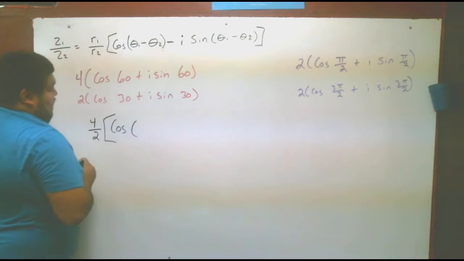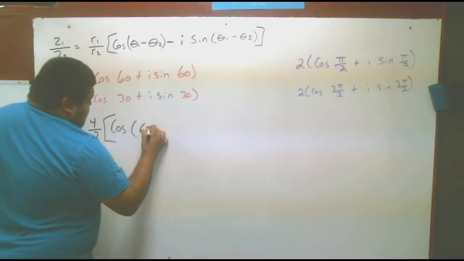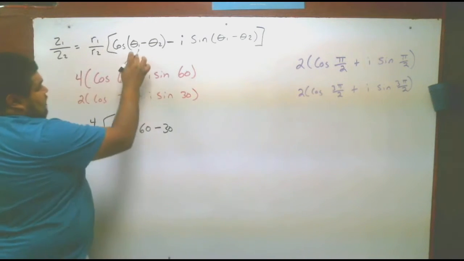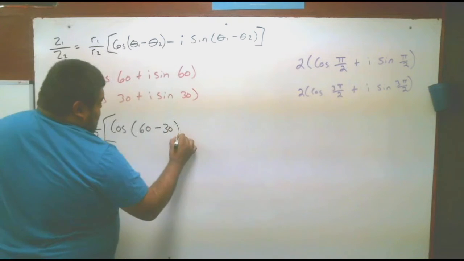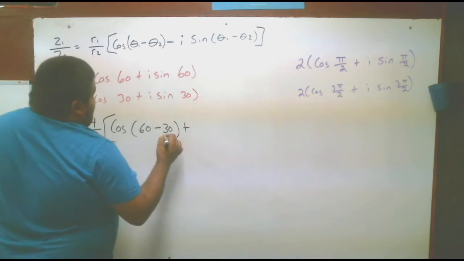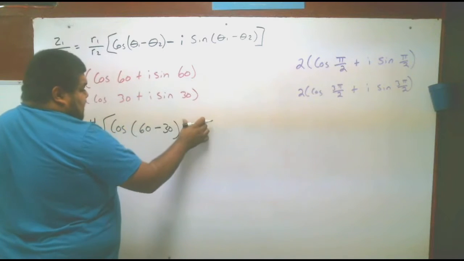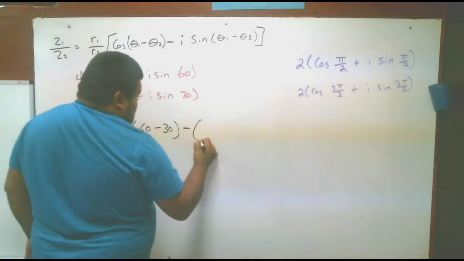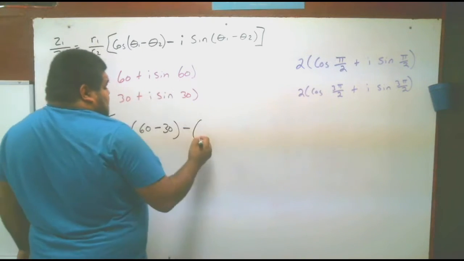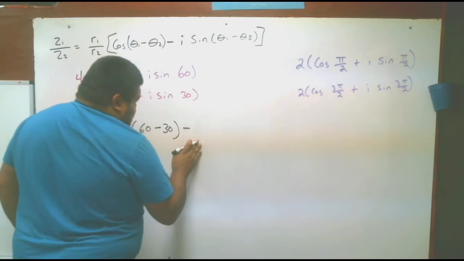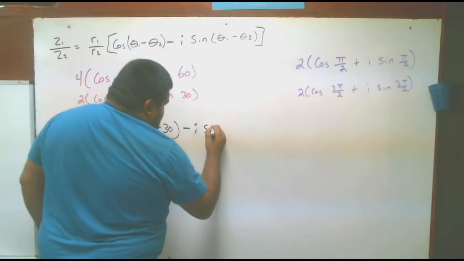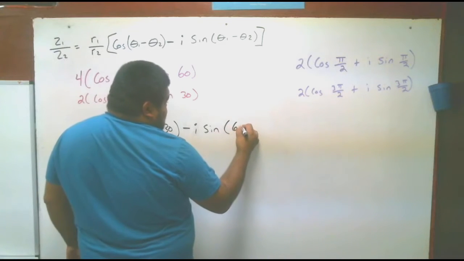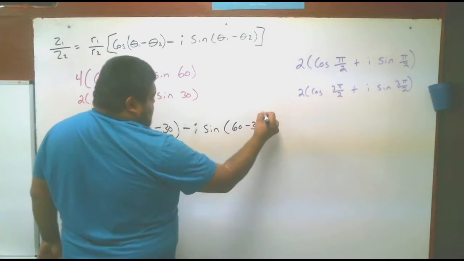Cosine of theta 1, which is 60, minus 30, because remember, it's the first one minus the second one, plus, or in this case minus, I sine. I forgot to put that, I sine of theta 1, which is 60 minus 30. Okay?